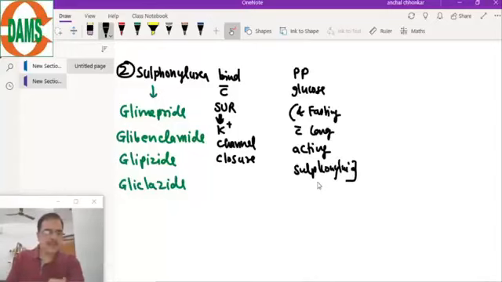The long acting sulfonylureas will work almost 24 hours. So they will control the fasting as well, because they will be working during the night time also. So they will also suppress the fasting values, but the main effect is on the PP sugars. The long acting sulfonylureas are glimepiride and glibenclamide, while relatively short acting is gliclazide.